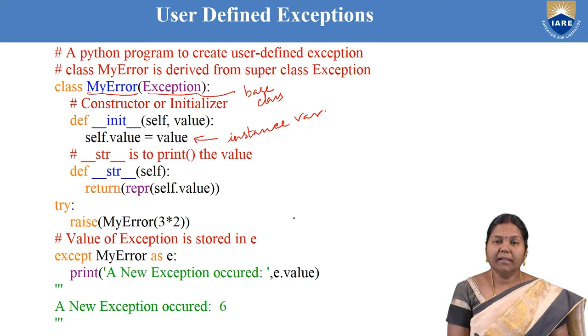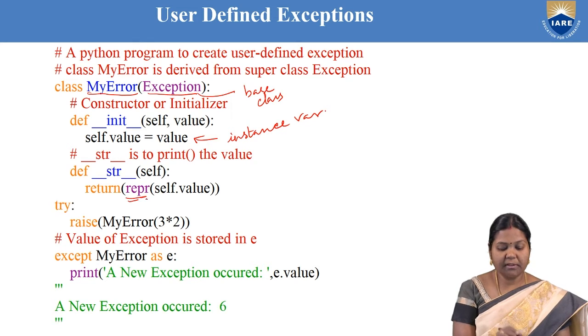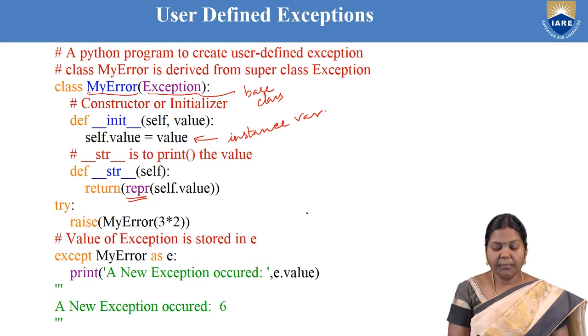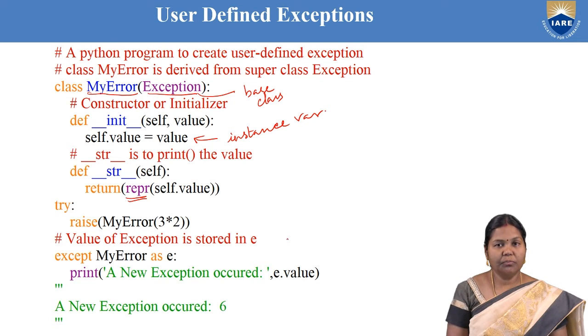Now we are taking the built-in method str to represent or display the value. You can see that str is a built-in method over here, and we are using the representation to represent the value of the variable. After defining the class, we want to raise the exception, so we have to write the code within a try and except block.